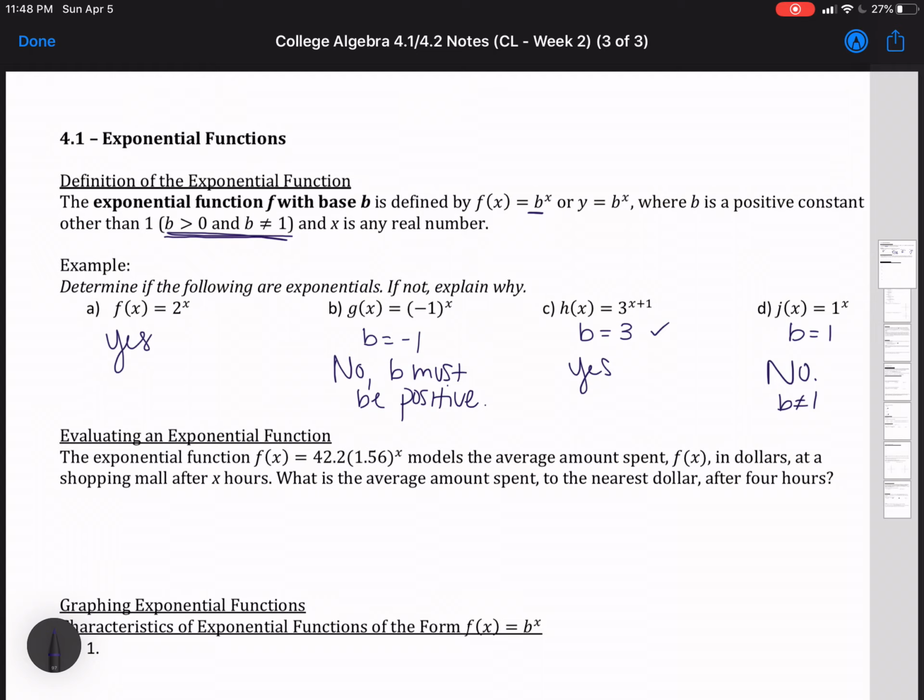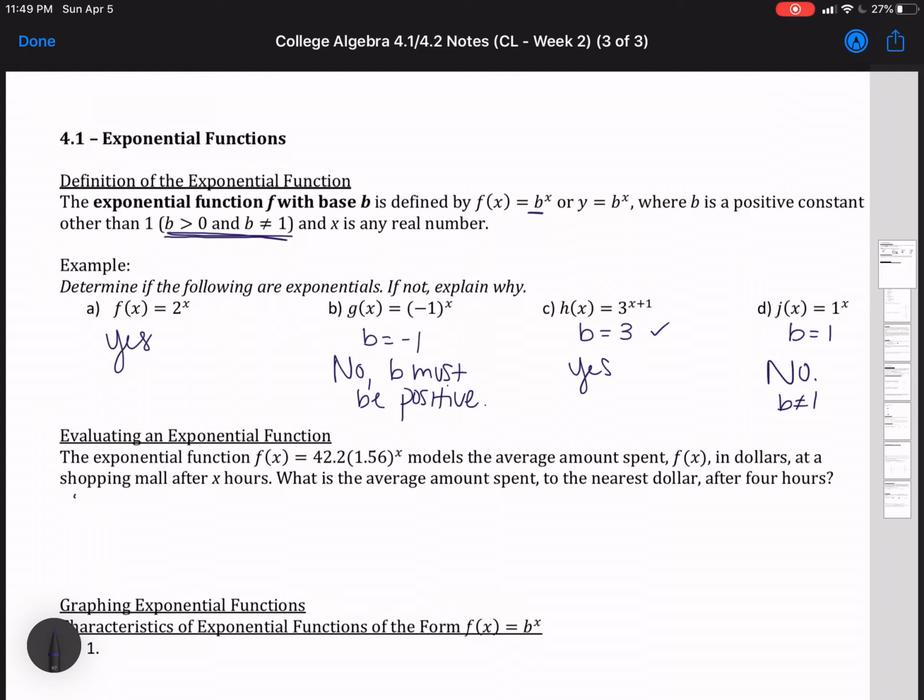Okay, so the first thing we're going to look at is just evaluating an exponential function. The exponential function f of x equals 42.2 times 1.56 to the x power models the average amount spent, f of x, in dollars at a shopping mall after x hours. What is the average amount spent to the nearest dollar after 4 hours?